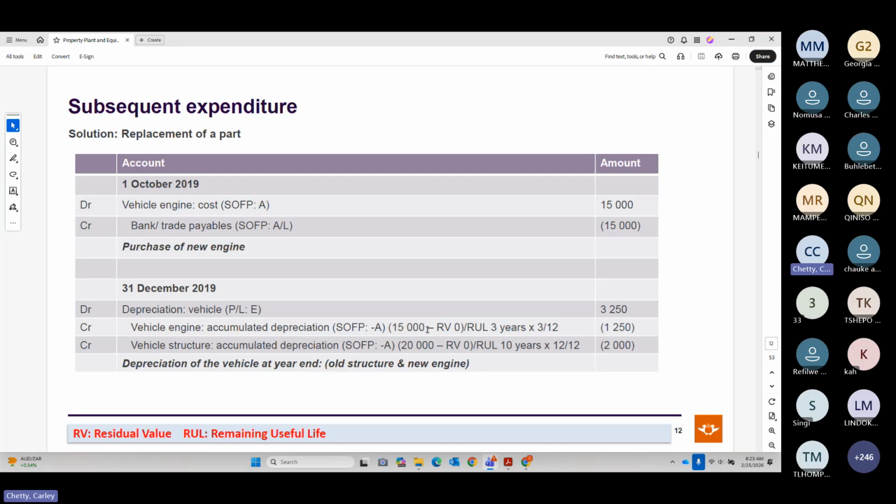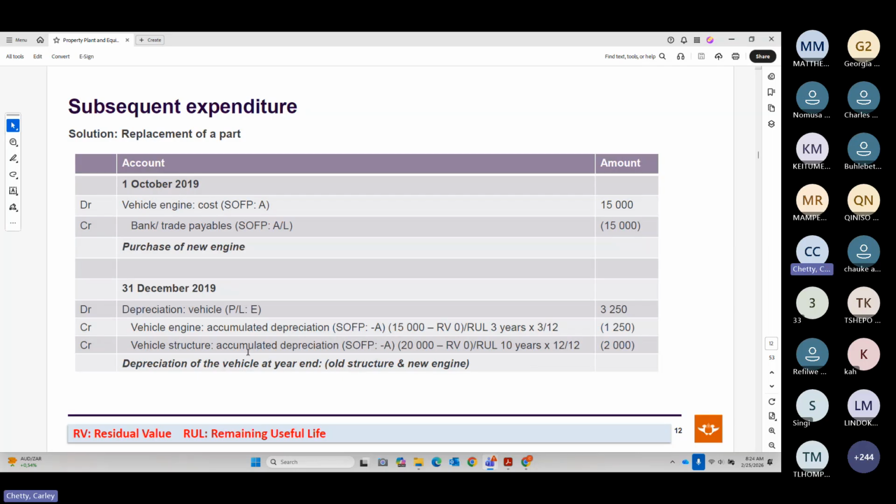So they told us that the cost of the new engine was 15,000 Rand, and the residual value is 0, divided by a useful life of 3 years. And then because we only had the engine from 1 October, we are going to depreciate for 3 months out of the 12 months. And that is going to give us an accumulated depreciation of 1,250 Rand.